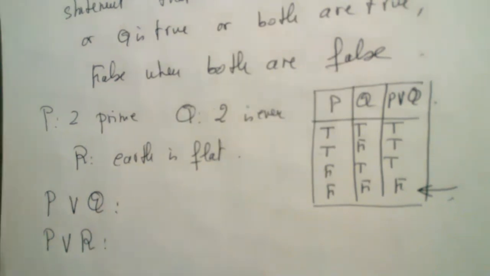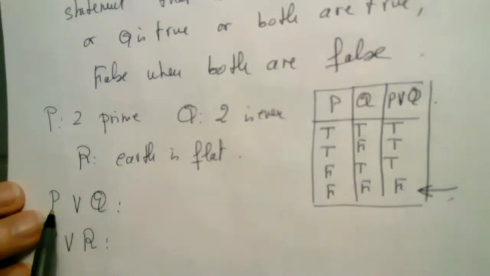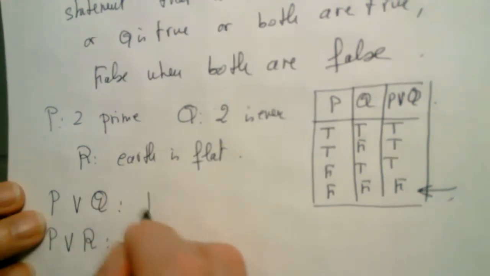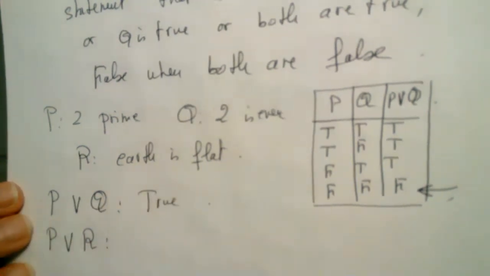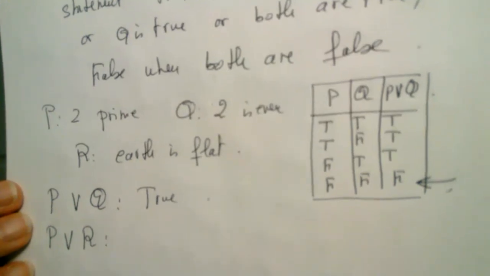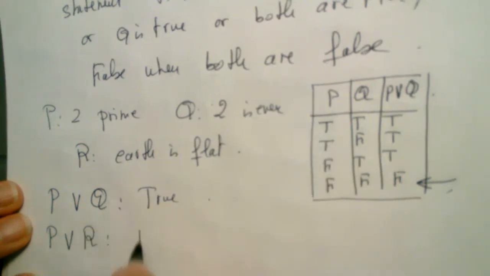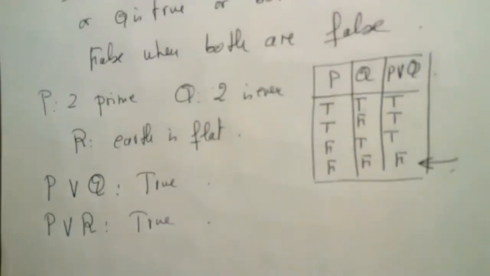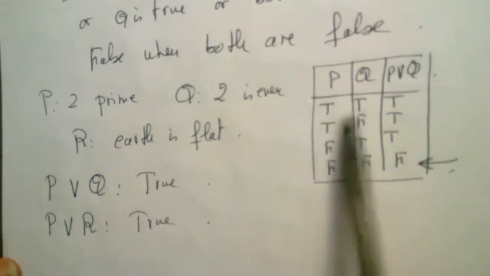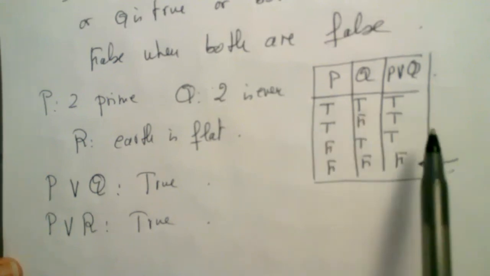Quickly. P is true. True. I don't care about Q. I'm done. P or R? True. I don't care about R. I know that R is false, but it doesn't matter. If one is true, I am done. This is a true statement. Okay, so the or is true if one of them is true or both are true.